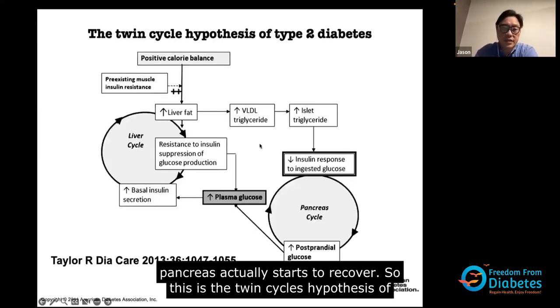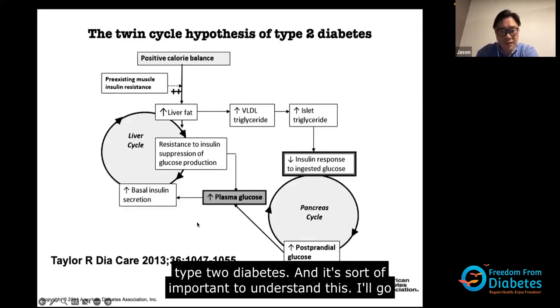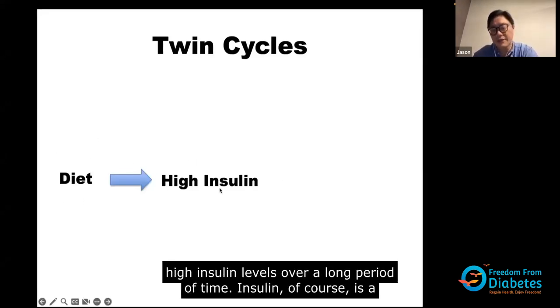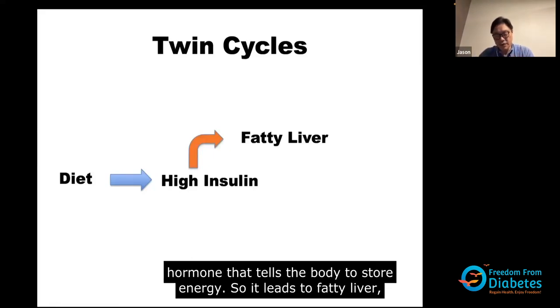So this is the twin cycles hypothesis of type 2 diabetes, and it's important to understand this. I'll go through this simply. So what you had is a diet which caused high insulin levels over a long period of time. Insulin, of course, is a hormone that tells the body to store energy.